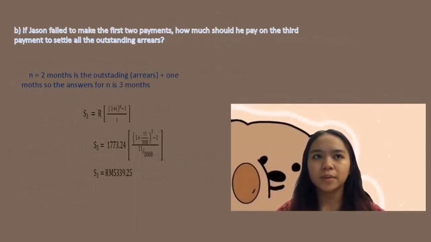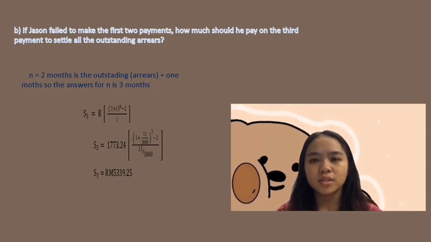For question 1b, the question is, if Jacyln failed to make the first two payments, how much should he pay on the third payment to settle all the outstanding arrears? So n equals 2 months is the outstanding arrears plus 1 month, so the answer for n is 3 months. The formula we use is S equals R [((1 plus i) to the power of n minus 1) over i].